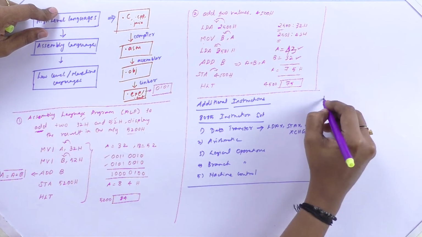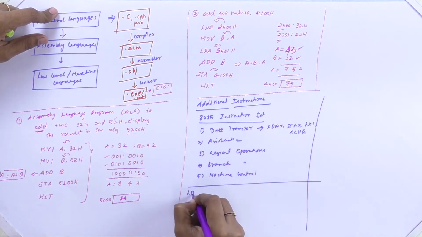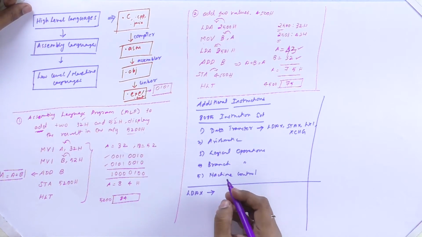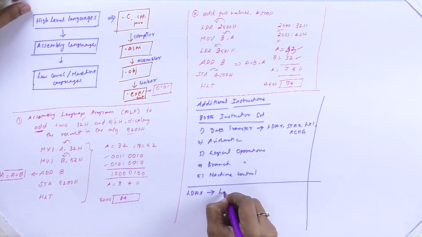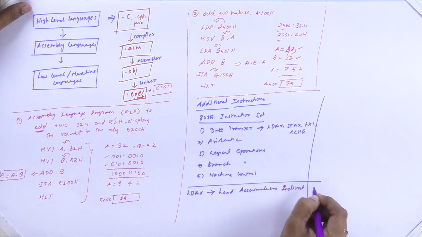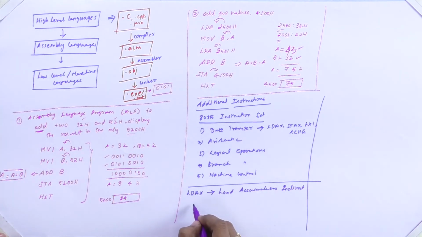So the first instruction is LDAX. It means load accumulator indirect. The syntax is LDAX followed by B or D register pair.